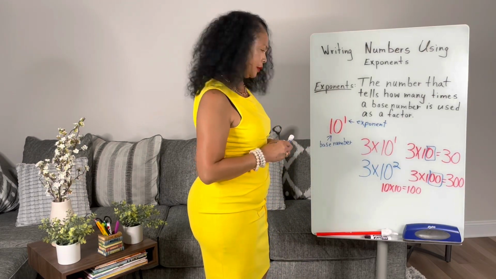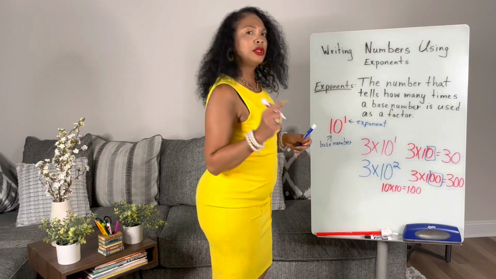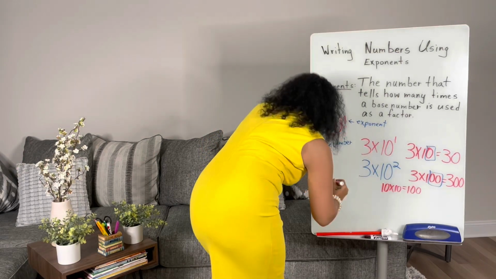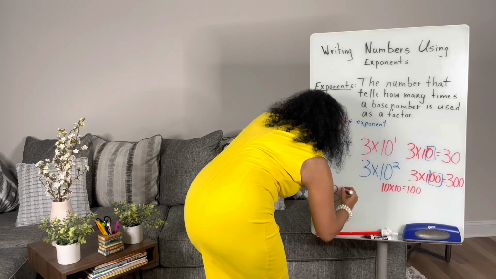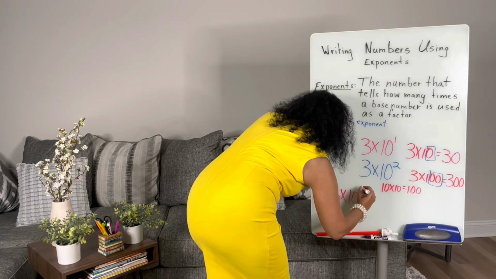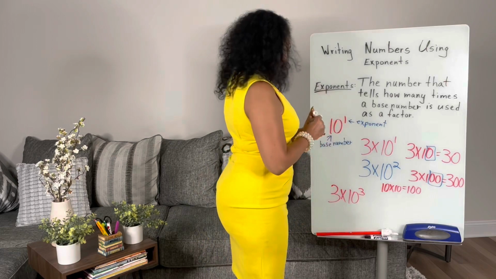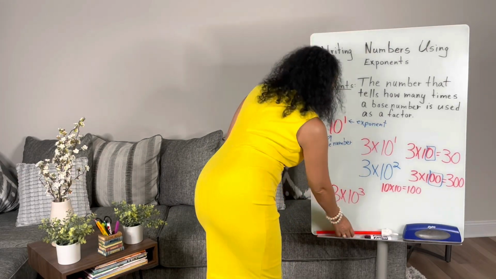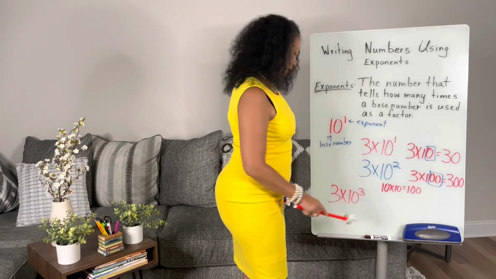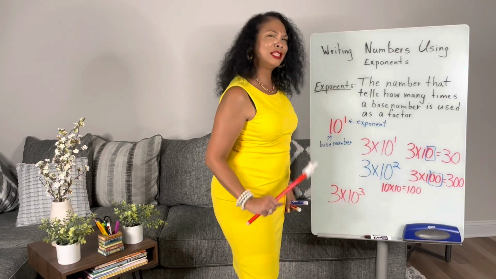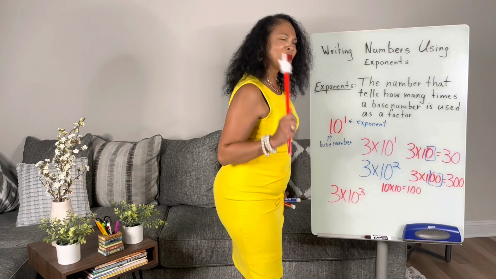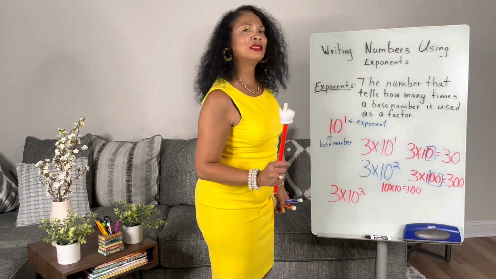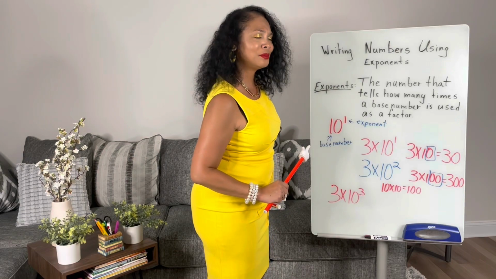Should we do one more? Yeah, let's do one more. Let's do 3 times 10 to the third power. Okay, so what's the exponent? Yes, the exponent is 3. You're paying attention. Oh my goodness. And what's the base number? That's right. 10 is the base number.